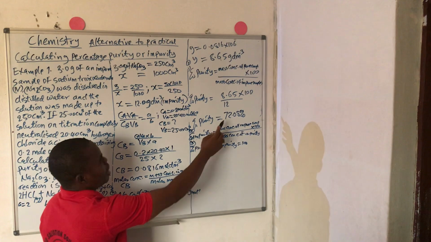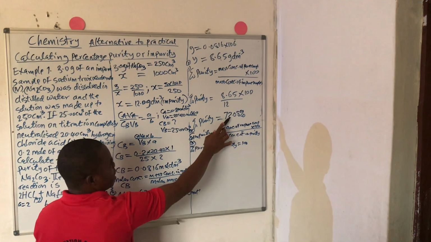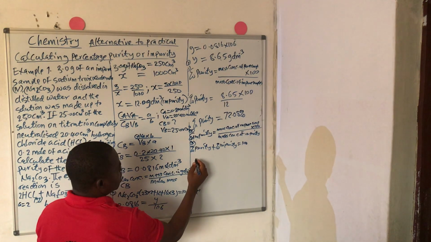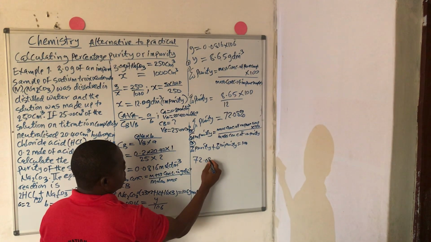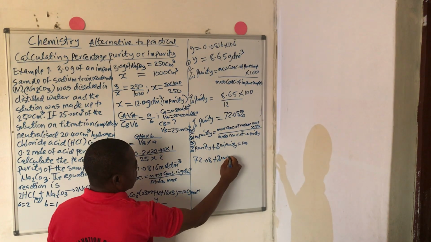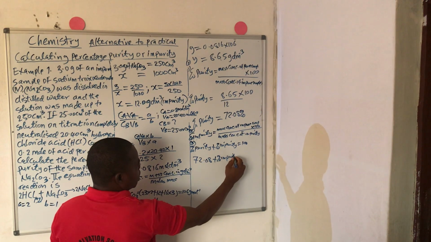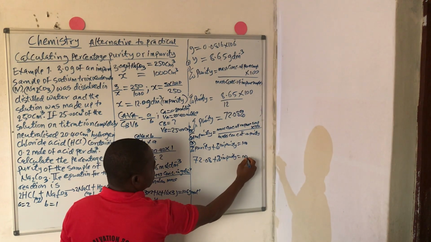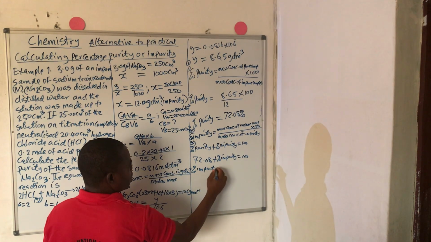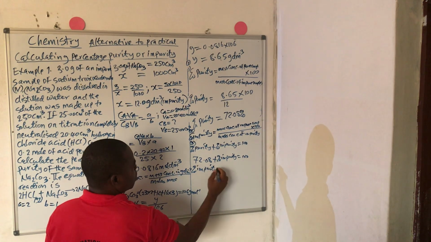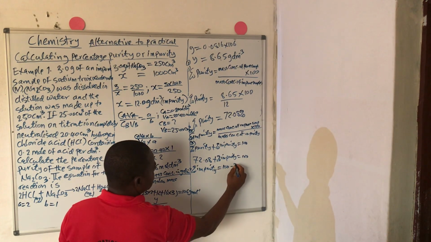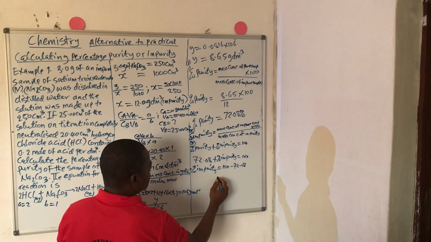Like in this example, the percentage purity I got is 72.08%. So if I put it here, it's 72.08 plus percentage impurity equals 100. So my percentage impurity will be equal to 100 minus 72.08.